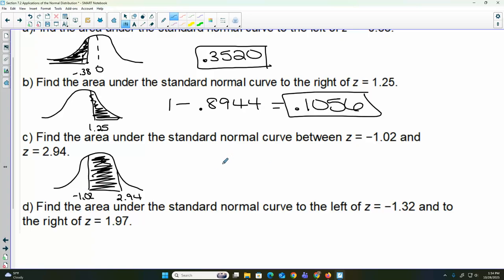So I look up when my z is 2.94, and when my z is negative 1.02, and if I subtract those, we get 0.8445.